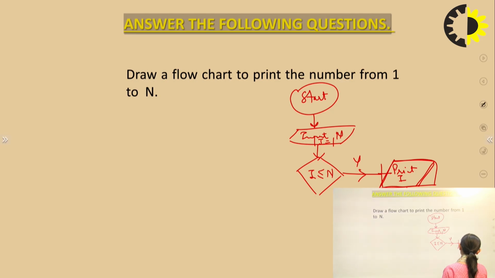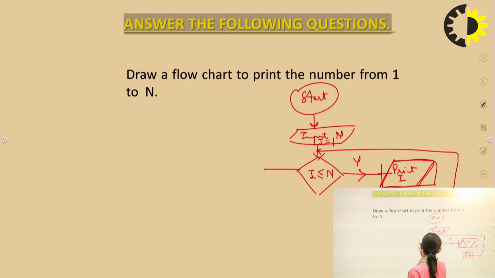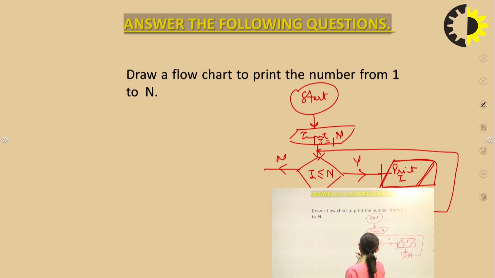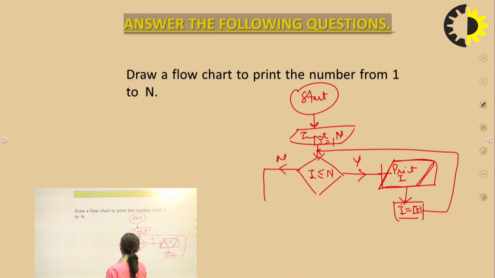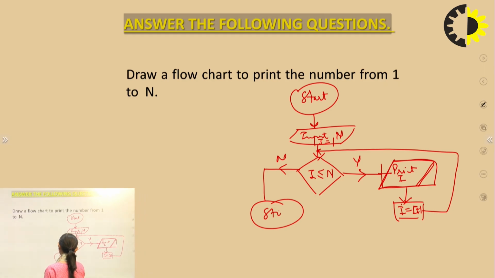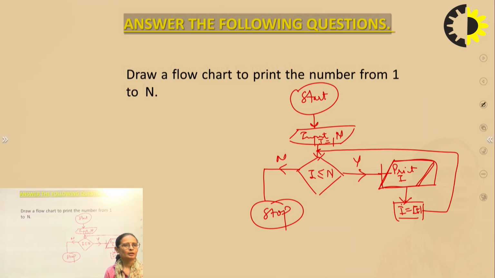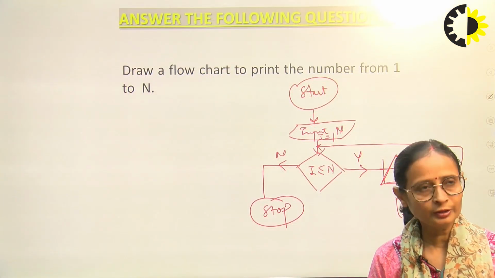I is equal to I plus 1, and then again we go to the decision part. If the answer is no, we have printed all the numbers, and we simply move to the stop part. So this is the logic for printing numbers from 1 to n.